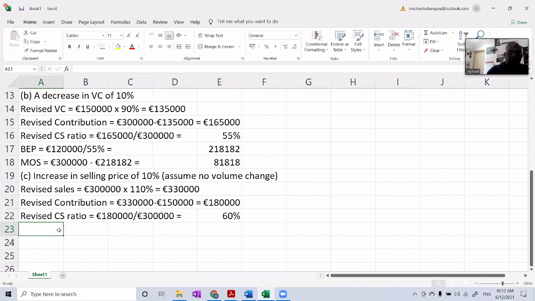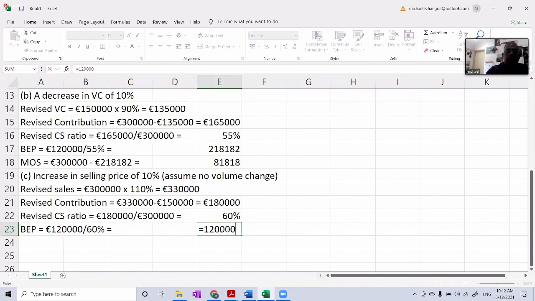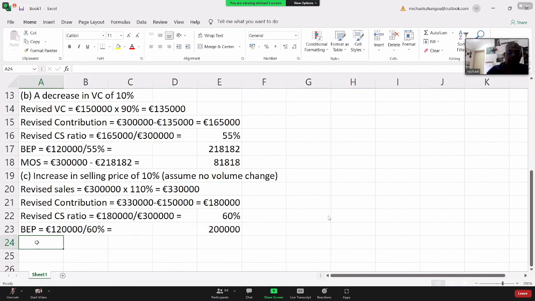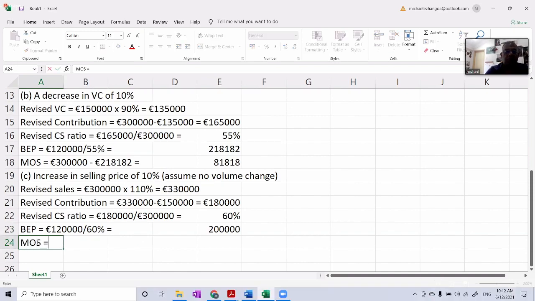Right. So now your break-even point becomes fixed cost 120,000 divided by 60%. So 120 over 0.6 is 200,000. Margin of safety.